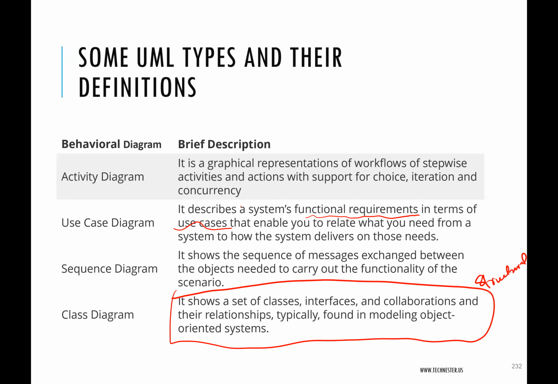Bottom line, a class diagram represents the components of a system, showing the properties of those components and what the components will do, and the relationship between the components. So that's what a class diagram does.